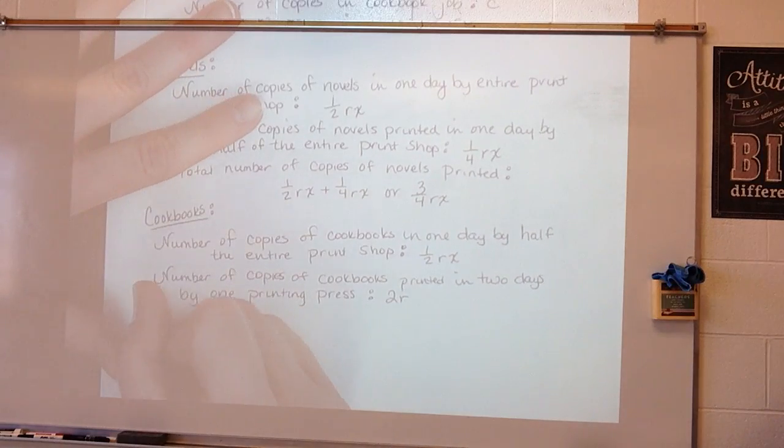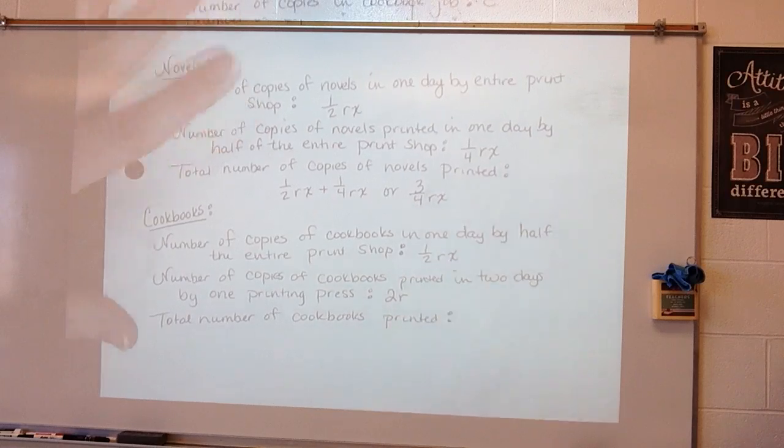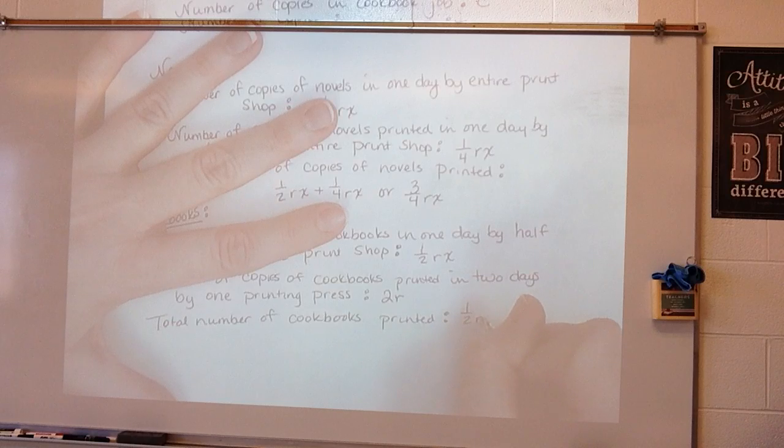So how do I find the total number? The total number of cookbooks printed would be 1/2 RX plus 2R.